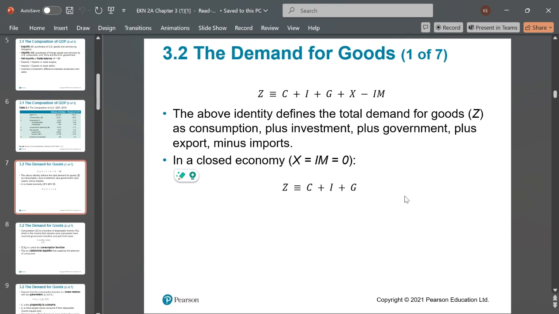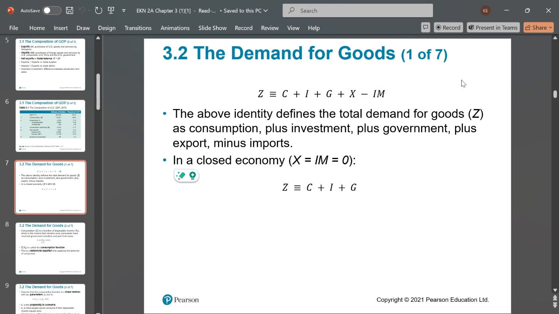Similarly, when we have a closed economy, we are saying that we are not going to be bringing in any goods from other countries, and we're not going to be taking out goods from the country. Because of that, the X, your exports, and your imports will equal zero. So in a closed economy, the demand function is Z equals C plus I plus G.